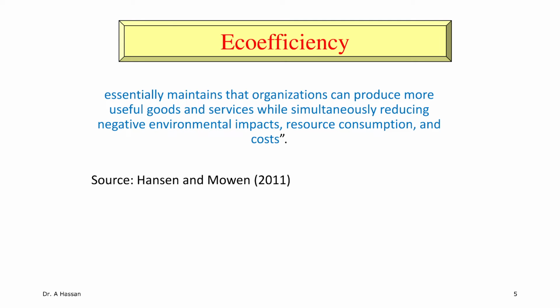So, for example, the objectives of eco-efficiency are reducing the consumption of resources, reducing energy, material, water, land, reducing the environmental impact, doing more for less, and increasing product value.